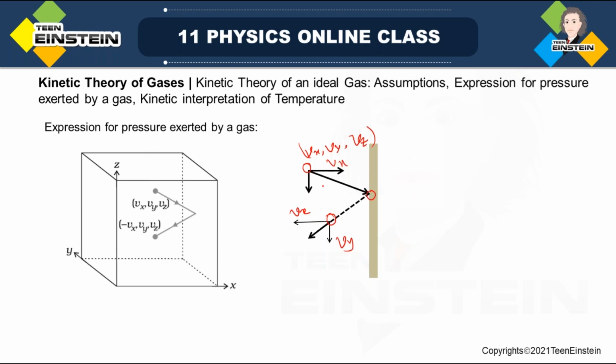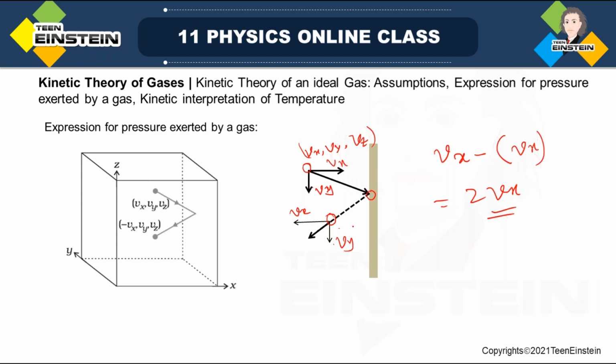Similarly here, this is vx, this is vy component of the velocity. Now you look at this: there will be a change in the velocity along the x-axis only. Otherwise other things are the same. The velocity component along the y-axis is constant. The only change is in the x direction. So the change in the velocity will be minus vx minus vx, that is minus 2vx.